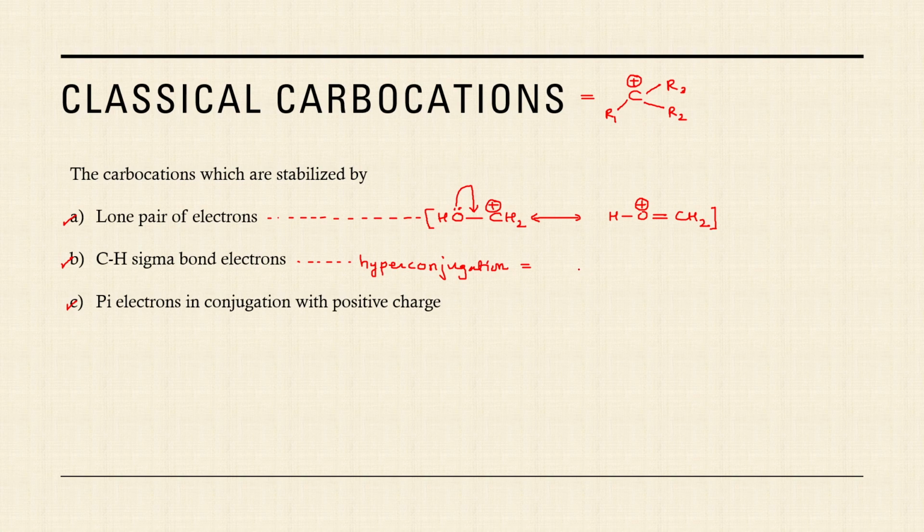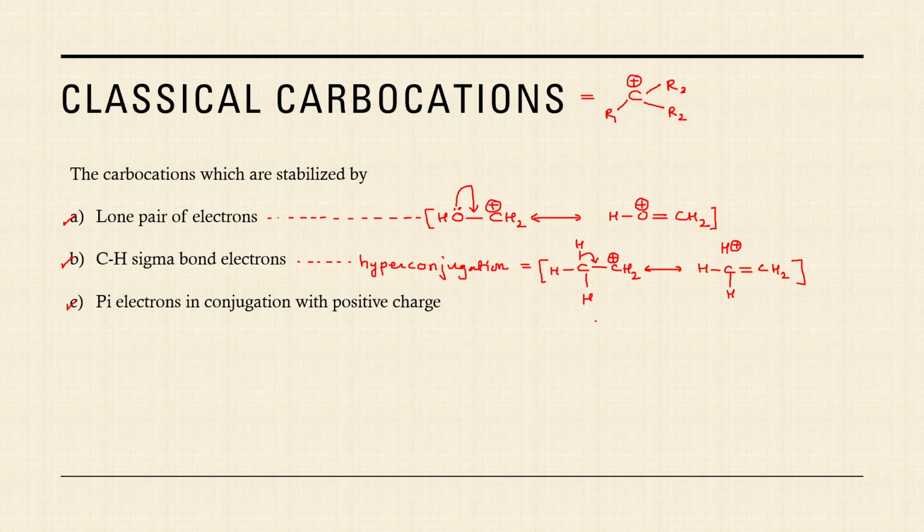In hyperconjugation, what happens is that a carbon hydrogen sigma bond electron moves towards a carbon with a positive charge and it results in this form. You get this. This is again a situation where electrons have moved to stabilize the positive charge.